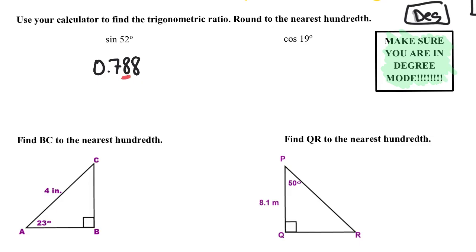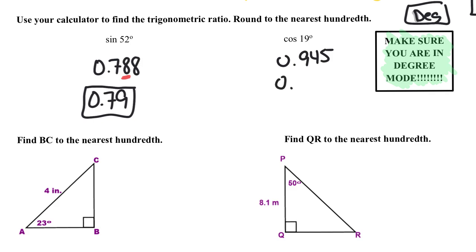So then my 8 would round up to 0.79. Okay, and then on our next one, I'm looking for the cosine of 19. So we punch that into our calculator, and we get 0.945, which would then round up to 0.95.